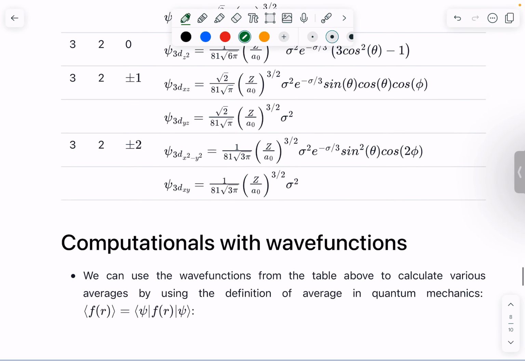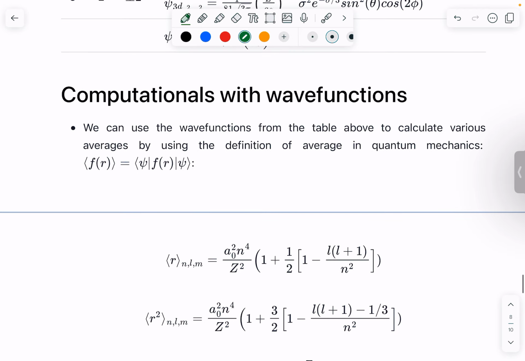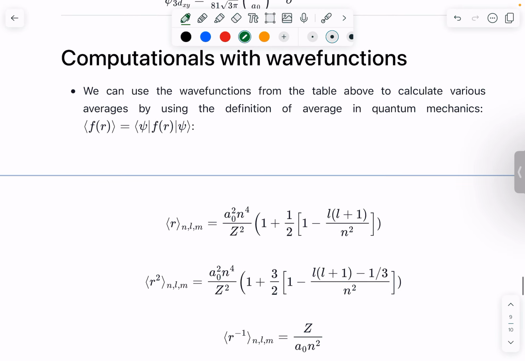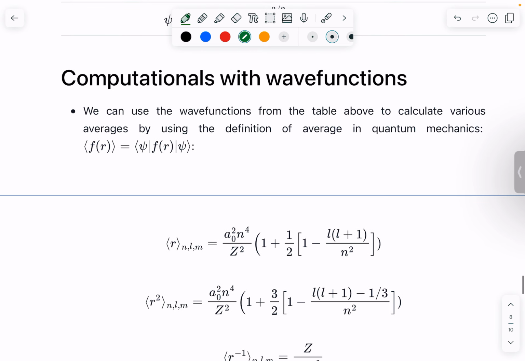And to motivate the next lecture, we are going to remember that once we have these wave functions, there's all kinds of interesting computations we can do, and the tool for doing these computations is to calculate these average or expectation expressions.